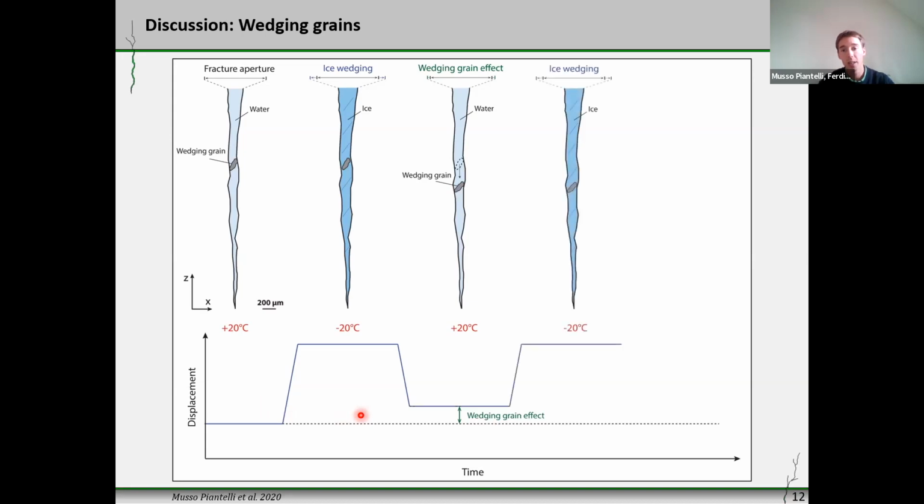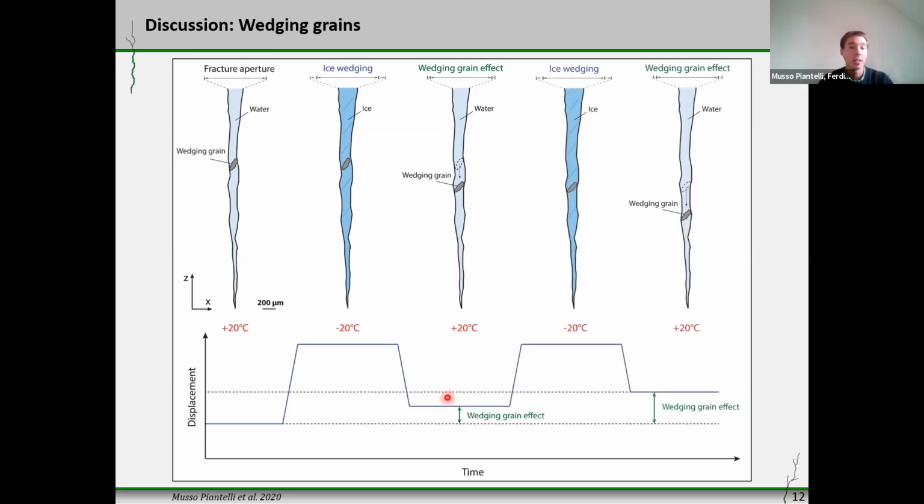If you repeat this again and again, you can see that this effect of migrating the grain from an upper section to a lower section gets larger and larger. Of course, a single tiny grain of feldspar or quartz is not that important, but as we have seen, and as you can imagine, a large amount of these kinds of grains that move to a deeper section of the fracture might actually be relevant in increasing the stress at the fracture tip.